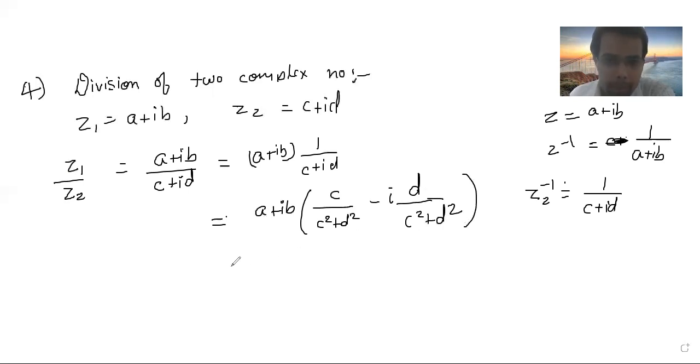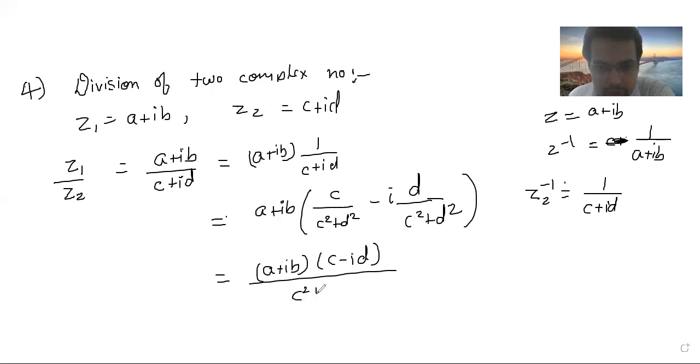Or we can say it is a plus ib into c minus id divided by c square plus d square. So this can be the value of z1 by z2. We have just replaced it using the previous concept. Note down.